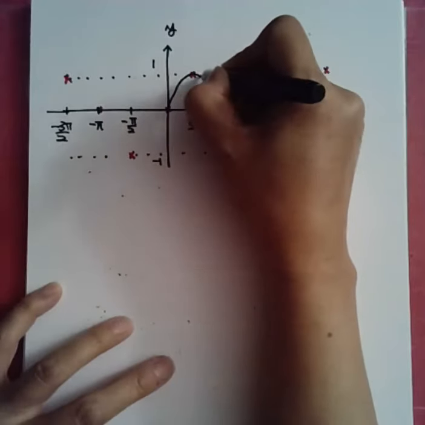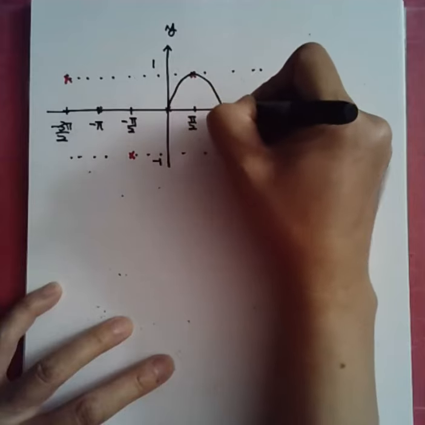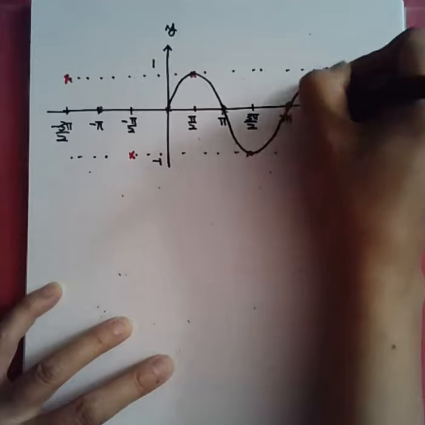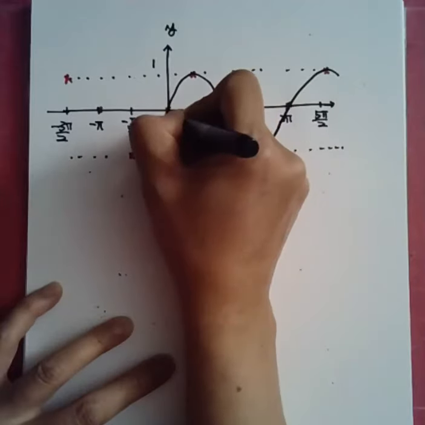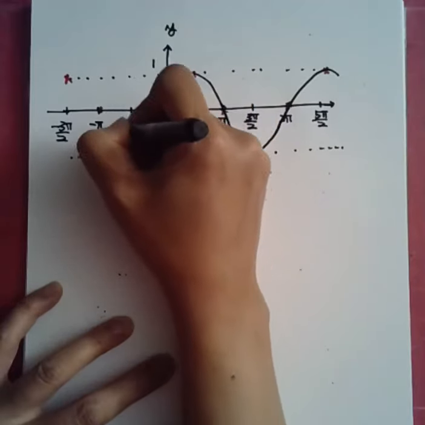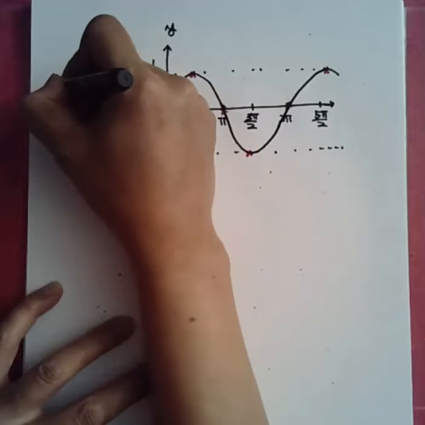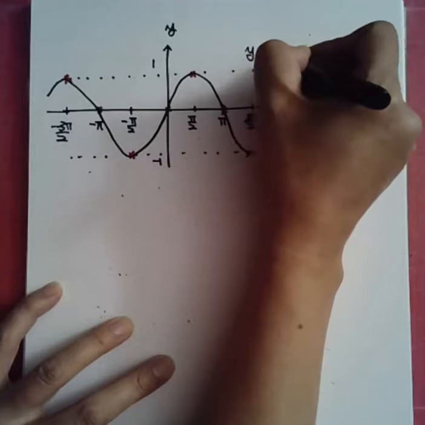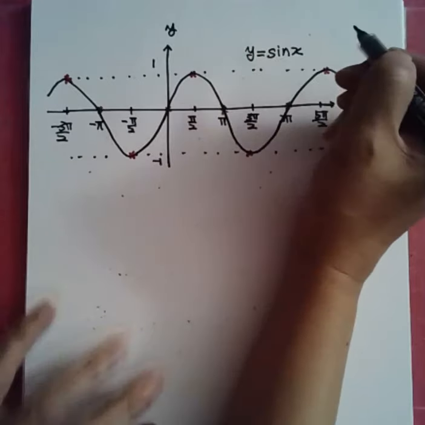So we drew the graph of the function like this. So this is y equals sine of x.